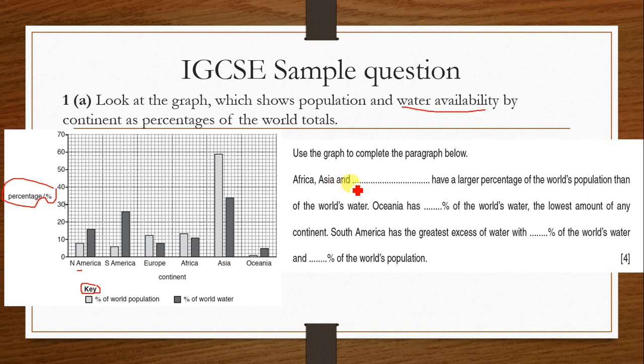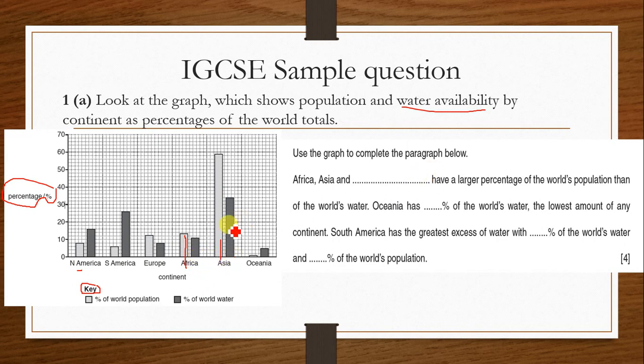Africa, Asia, and dash have a larger percentage of the world population than of the world's water. So Africa has a larger percentage, Asia has a larger percentage of world population than water, which is the darker bars.